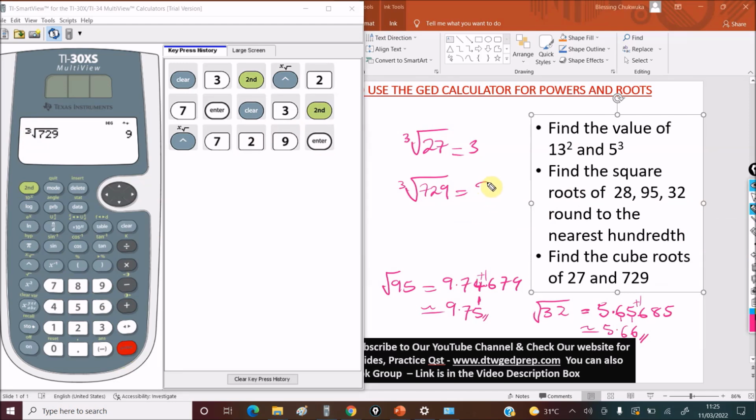So this is how we use our GED calculator to calculate powers and also roots. For the powers, it can be up to 5 raised to the power 10. It's still the same method you follow. For square roots, we've done that. Also for cube roots, this is what we've just done. So this is how you use your GED calculator for powers and roots.